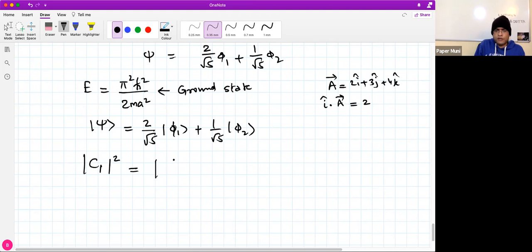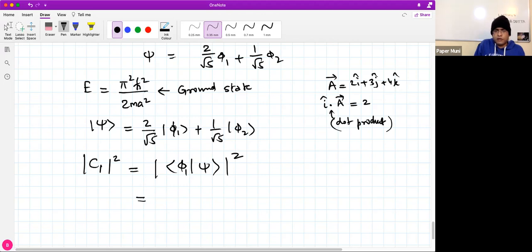How will you get it? You have to do the inner product, because the dot product here converts to an inner product in this case. So the inner product with phi 1 of the total superposition state will give you the probability of measuring the energy to be the ground state.